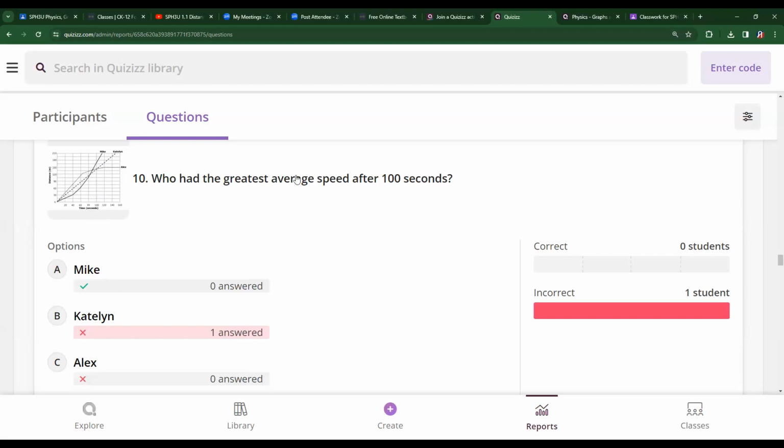So speed is distance over time. So at 100 seconds, time is the same. So we can check who had bigger distance. So it's not velocity, it's speed. So who had bigger distance? Mike passed bigger distance for the same period of time. So Michael had bigger average speed. So it looks like distance bigger comparing to others.